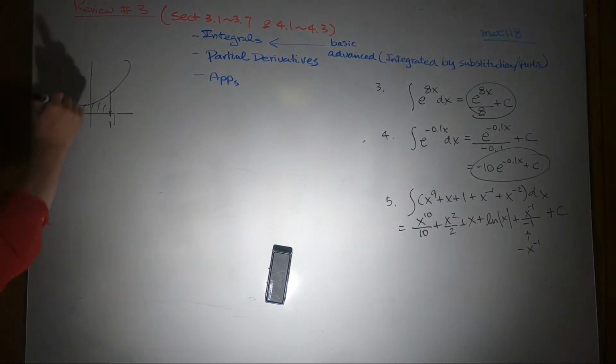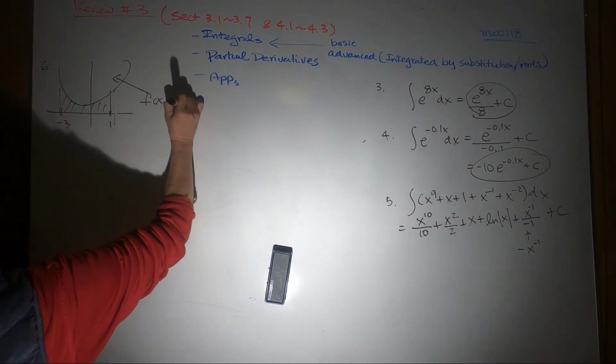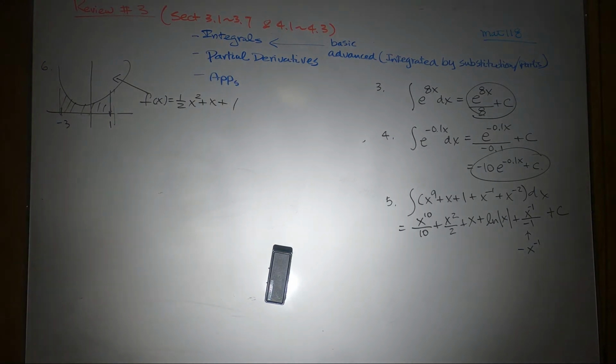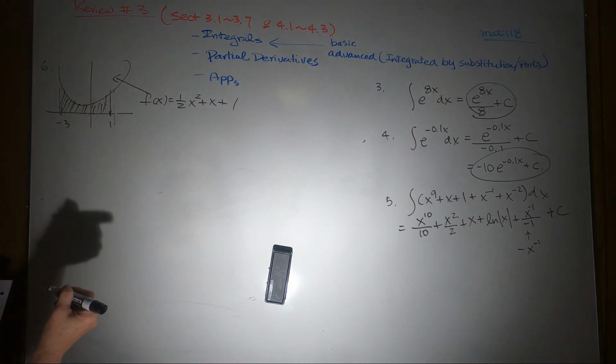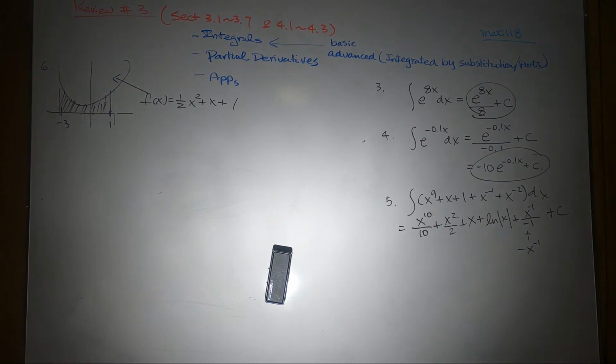And this curve is what? f of x equals half x squared plus x plus 1, right? So we say area underneath the curve from where? From here, -3 to 1, right?